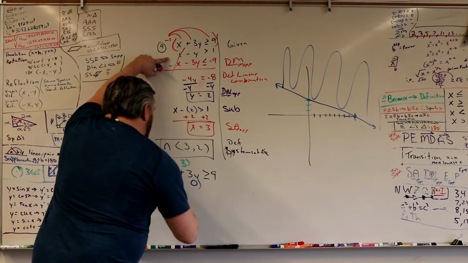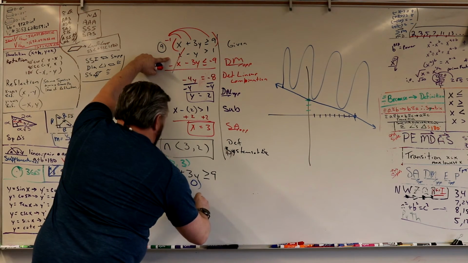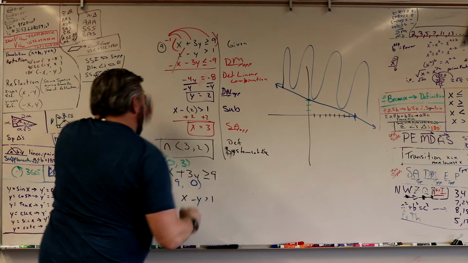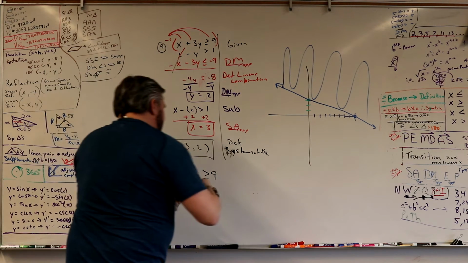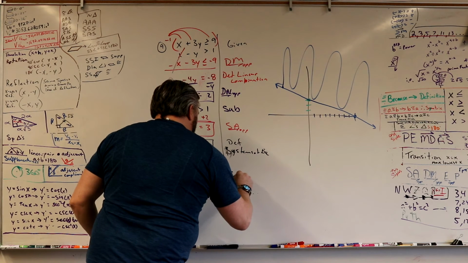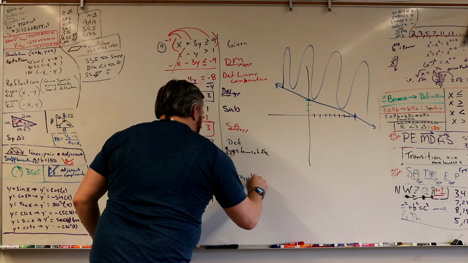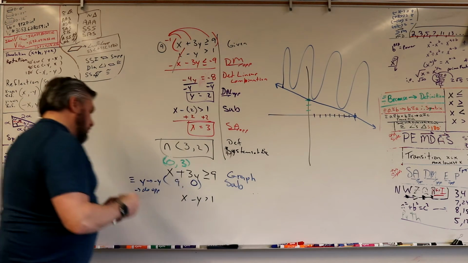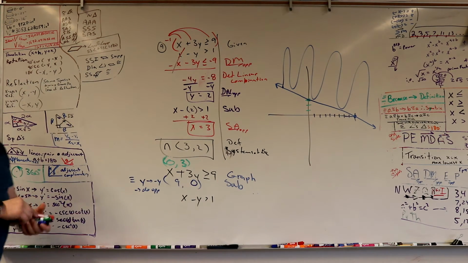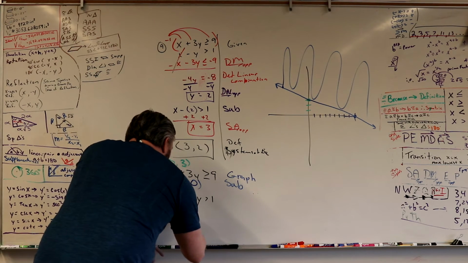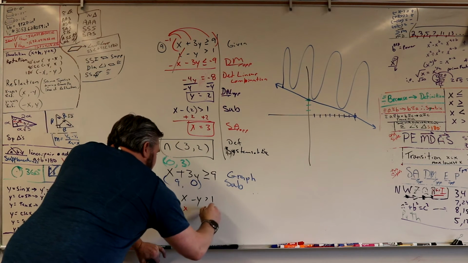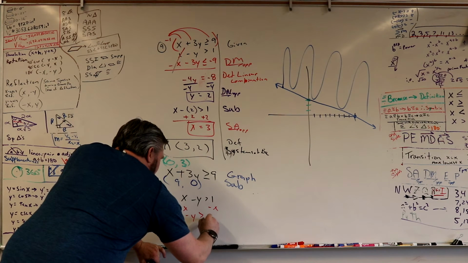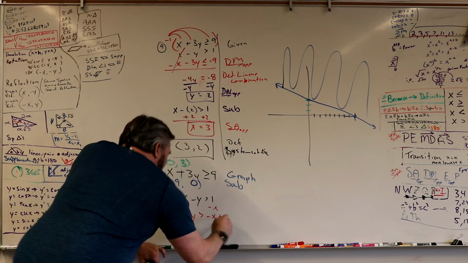Let's take this one. x minus y is greater than 1, okay? So, this is graphed through substitution. Now if I subtract x, I get negative y is greater than negative x plus 1.